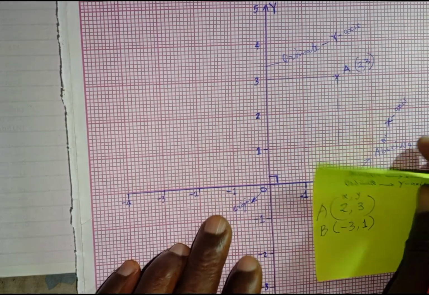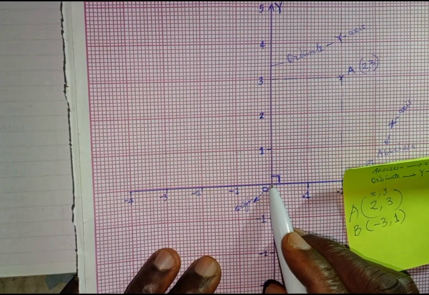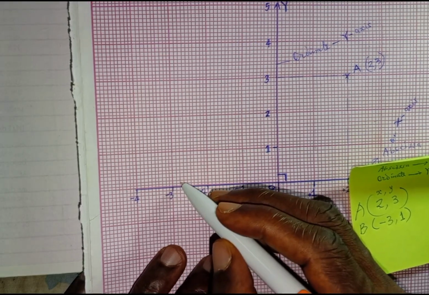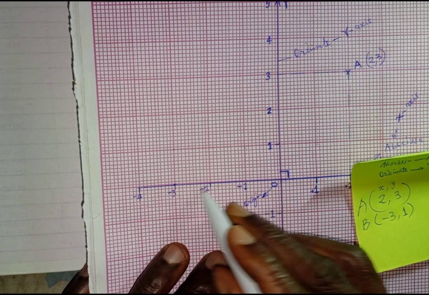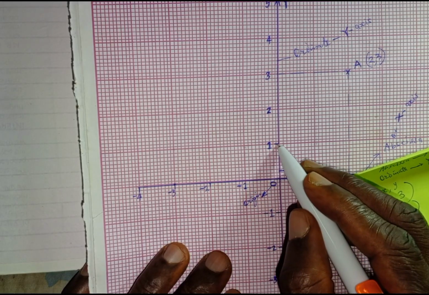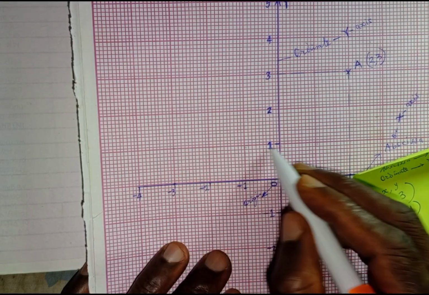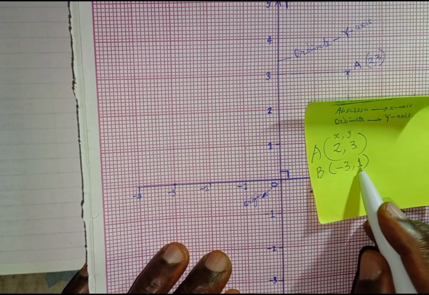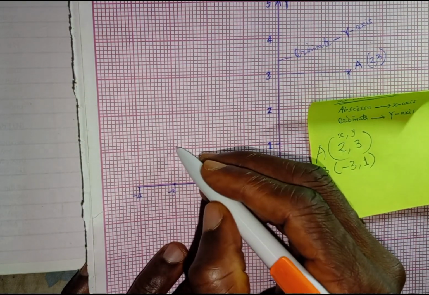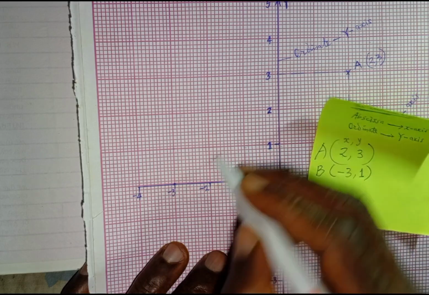So this is -3 on the x-axis, connected to the origin, and this is +1 on the y-axis. So we can connect them.